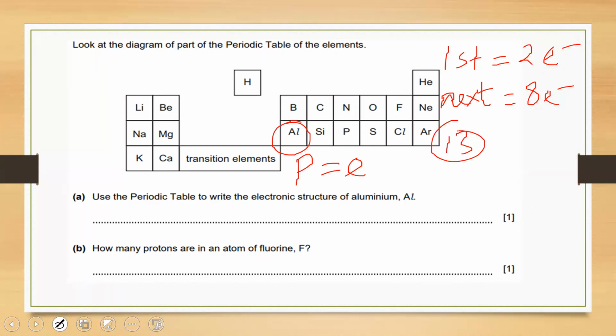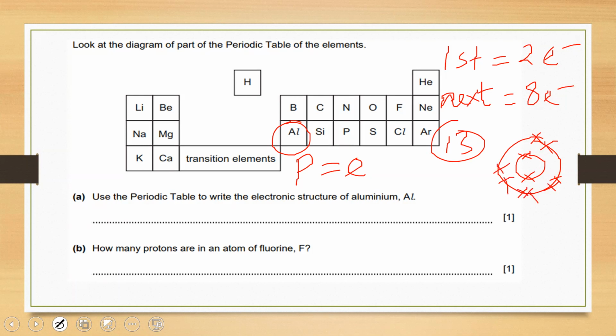So if I'm to draw this atomic structure, what do I do? I will draw a first shell. Can it take 2? 1, 2. Out of 13, I've used 2. So I can still have another shell. The next shell can take a maximum of 8. So I can do 1, 2, 3, 4, 5, 6, 7, 8.